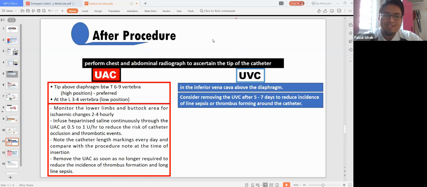Sometimes in this procedure, the doctor can accidentally insert the catheter into the wrong vessel. So it is important to first identify the vessel into which the catheter needs to be inserted, so that we will not accidentally put it in the wrong vessel.